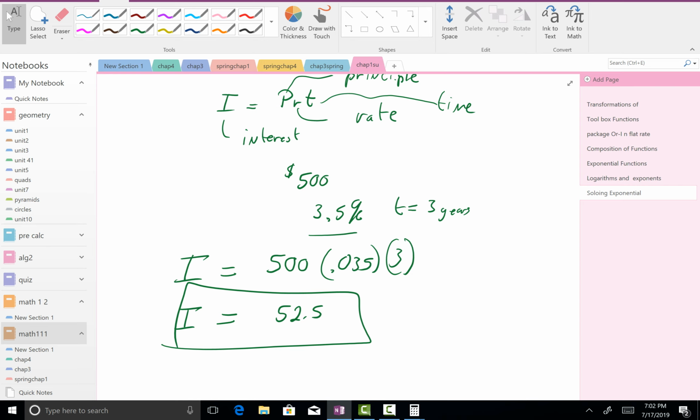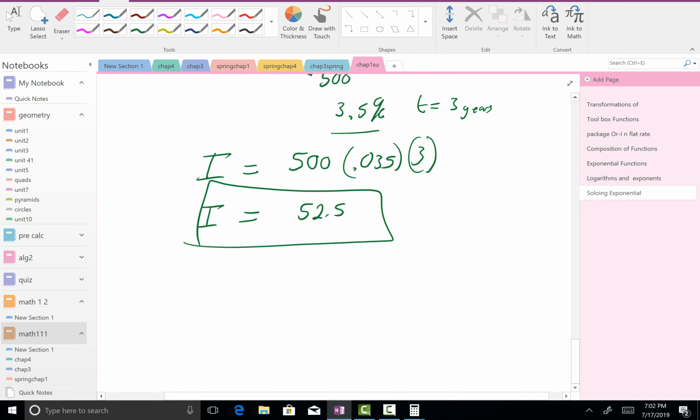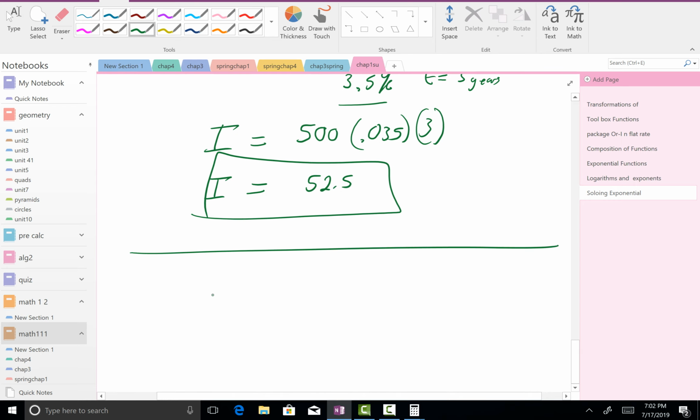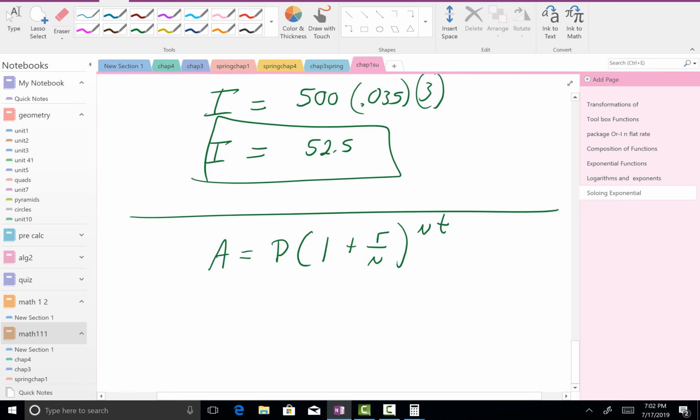All right. So, however, most of your loans and your credit card stuff is different. They use this formula. Okay, so P again is just the principal.